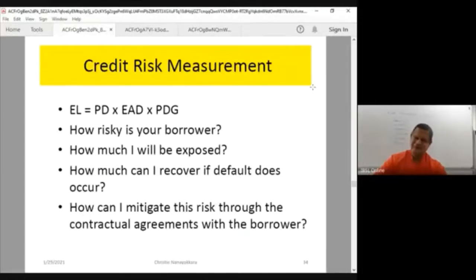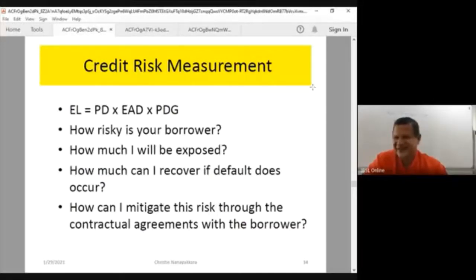Now, measurement. I need you to change this slide slightly, and I will explain what these are. EL stands for expected loss.